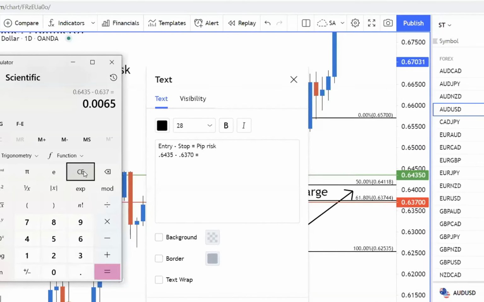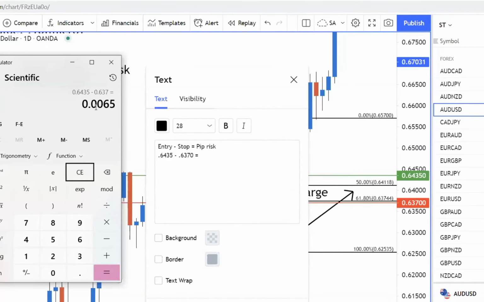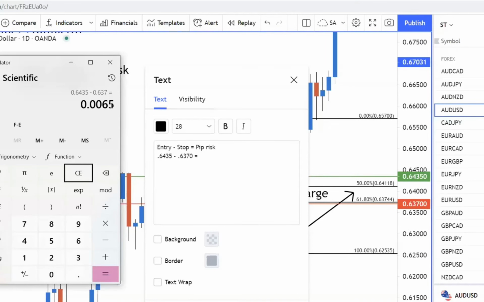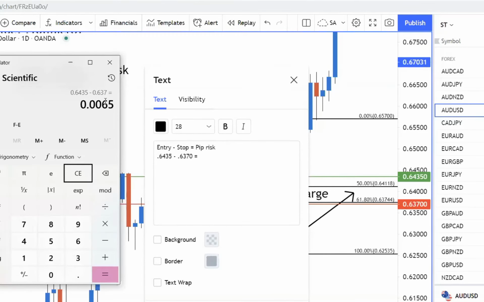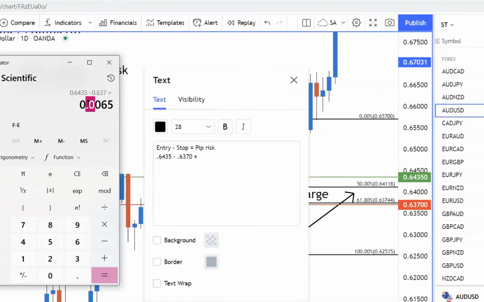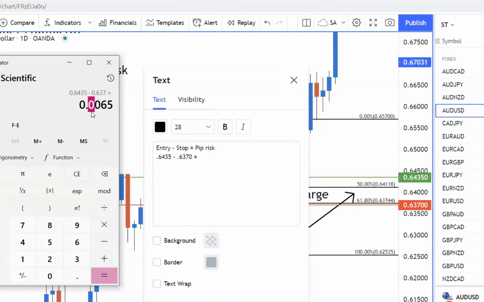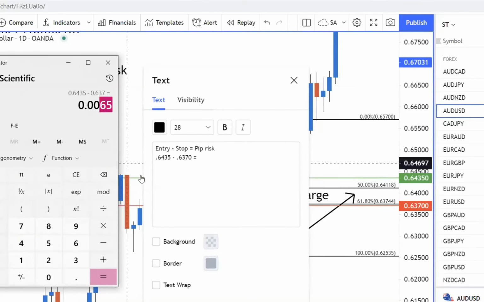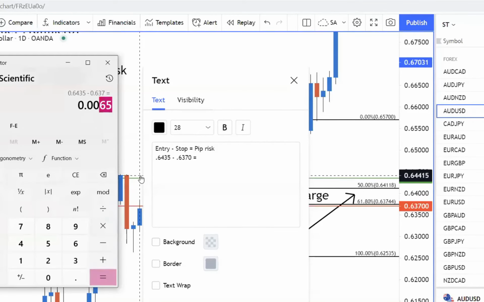So when we go about it this way, the calculator is gonna give us a decimal here, and that fourth digit to the right of the decimal is the single pip column. And then we have the 10 pip column and the 100 pip column, and then the 1,000 pip column, right? So just kind of looking at this number, what we have here is 65 pips.